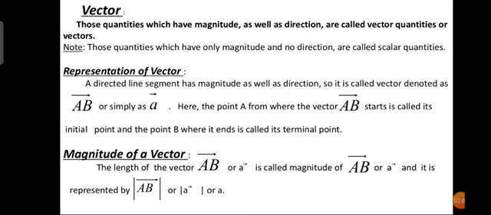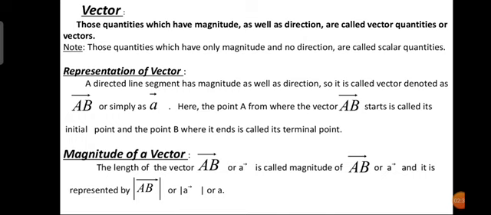That arrow shows it has a direction, and the line, of any magnitude, shows the measure of the quantity. The arrow may point left, right, upward or downward, which means it has direction. So a directed line segment is used to denote a vector.